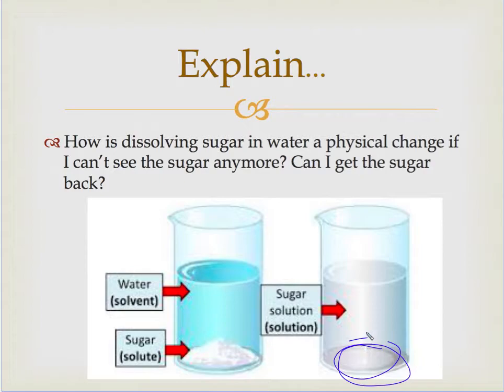So it's not going to be fun to clean up by any means, but you can do it. So that is why dissolving is a physical change, because I can evaporate the water, which is a physical change, a change of state, and so that leaves me with a physical change here being the dissolving. I didn't change substances, I just combined them.